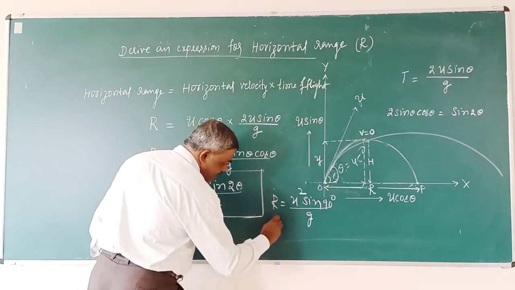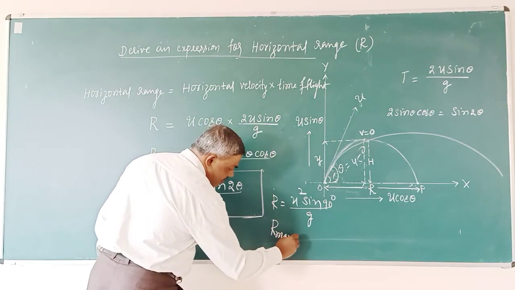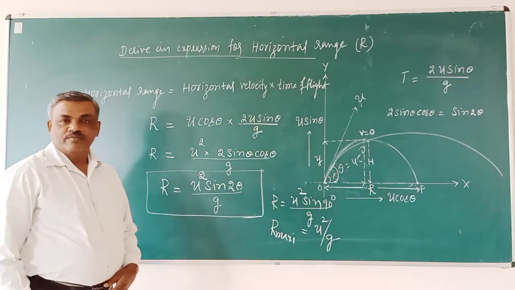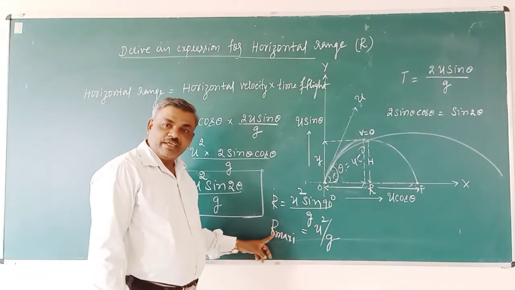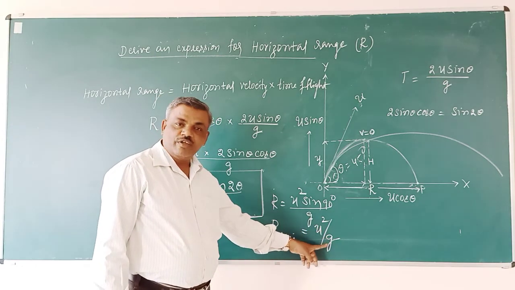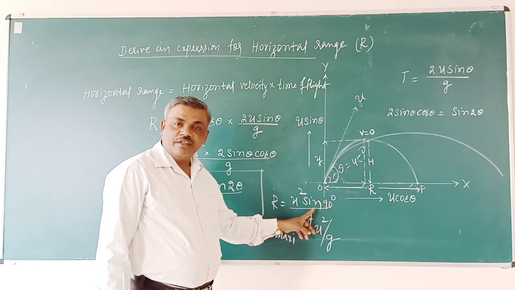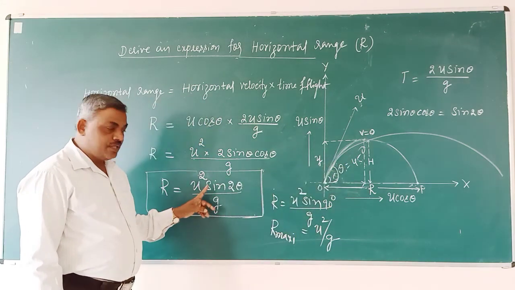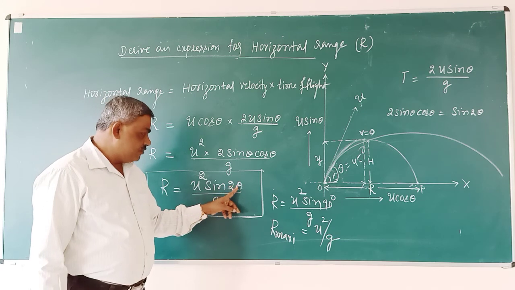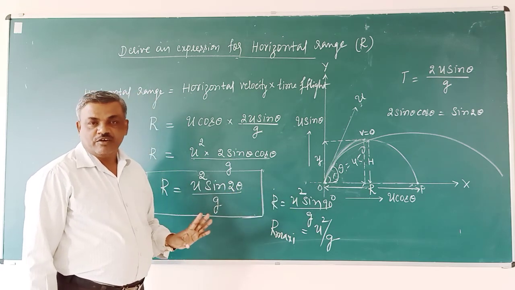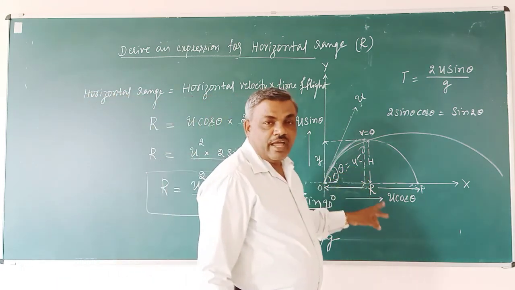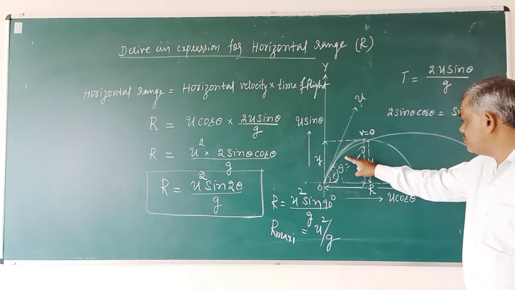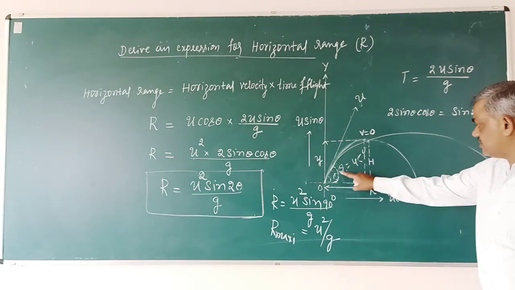So the range is maximum: R maximum equals u square by g. So when the angle of projection theta equals 45 degree, sin 2 theta is sin 90, and you get the maximum range.